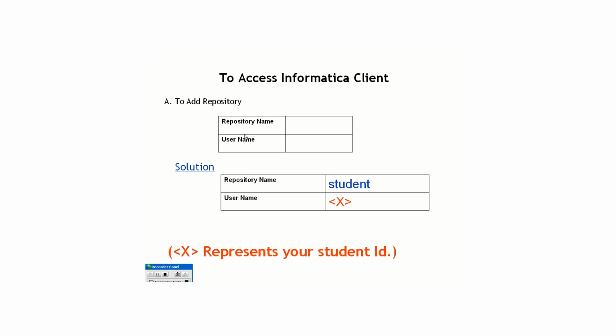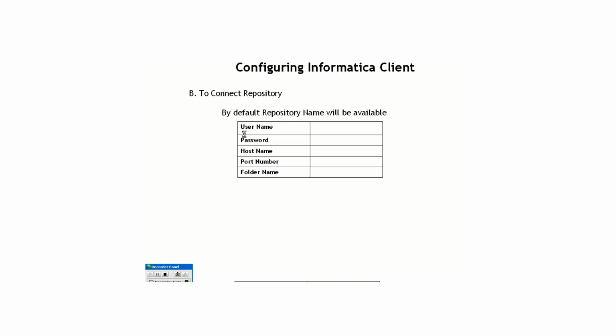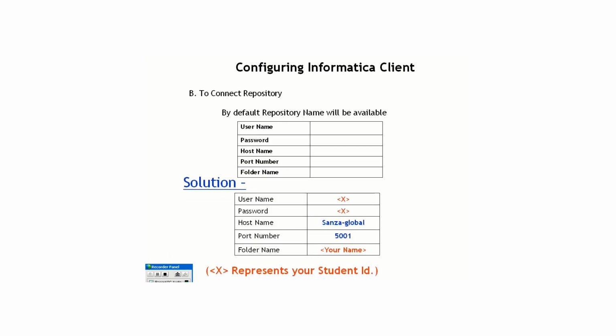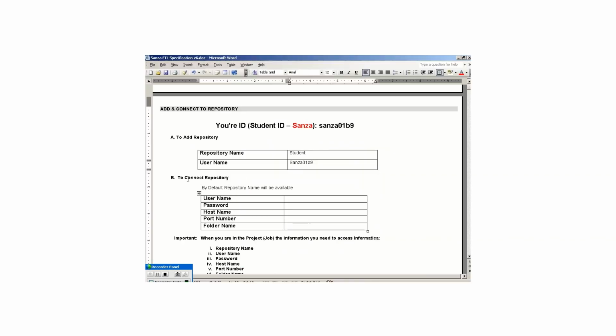So, in the ETL specification document, you enter, that is I am talking about to connect to the repository, you enter your ID, example Sanza01 batch 9, password is the same, Sanza01 batch 9, host name, in your example Sanza-global, all are in small letters, port number 5001, and these are the information you need to enter.